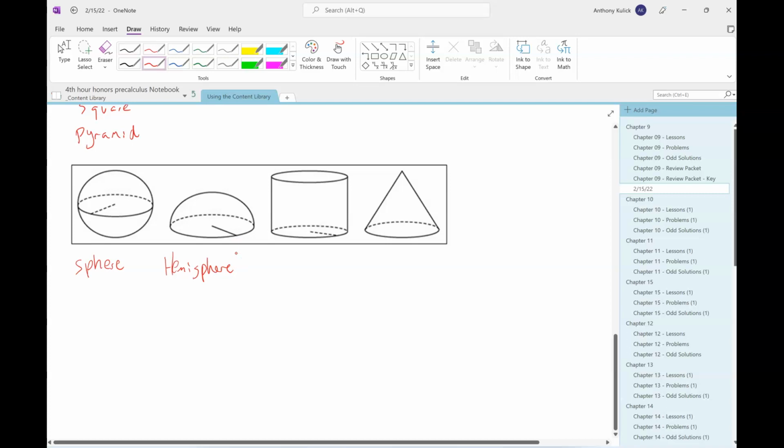Picture number three. You knew this before. Yeah, it's still just another cylinder. And picture number four. Cone. Worth pointing out here, this point on the cone also has a special name. Still the apex, though.